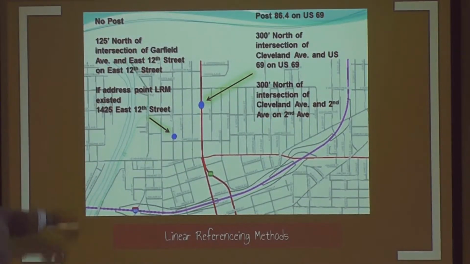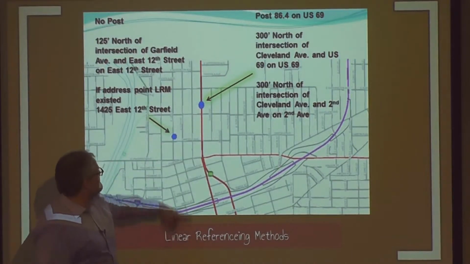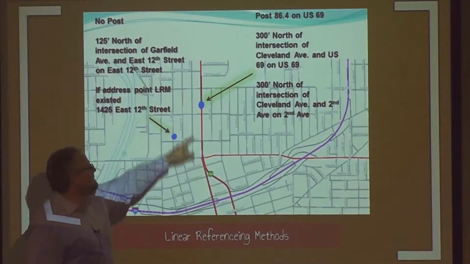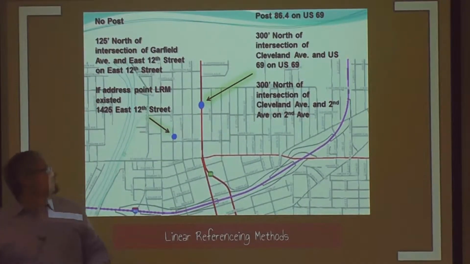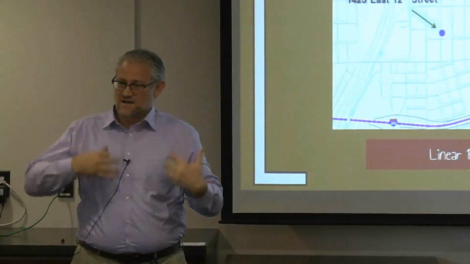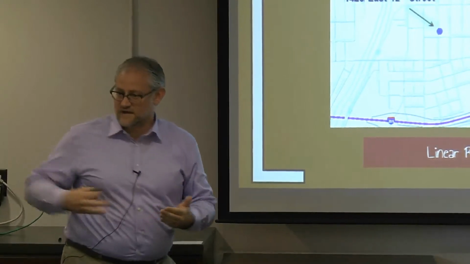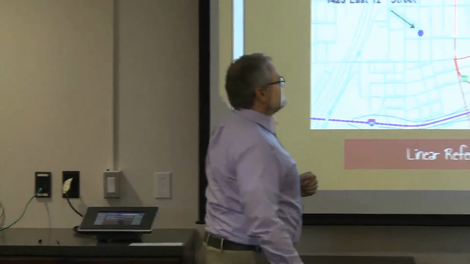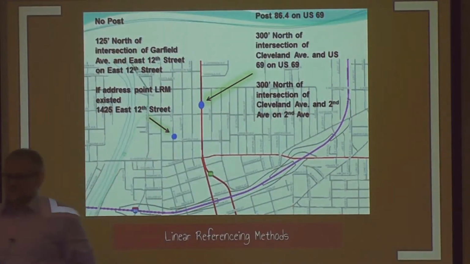And as you see at the top here, that point on US 69 in Des Moines, for the DOT is known as reference post 86.4 on US 69. That's how us in Iowa DOT would be able to find that location if we had to go out in the field. But for the locals, it could be known as something else.